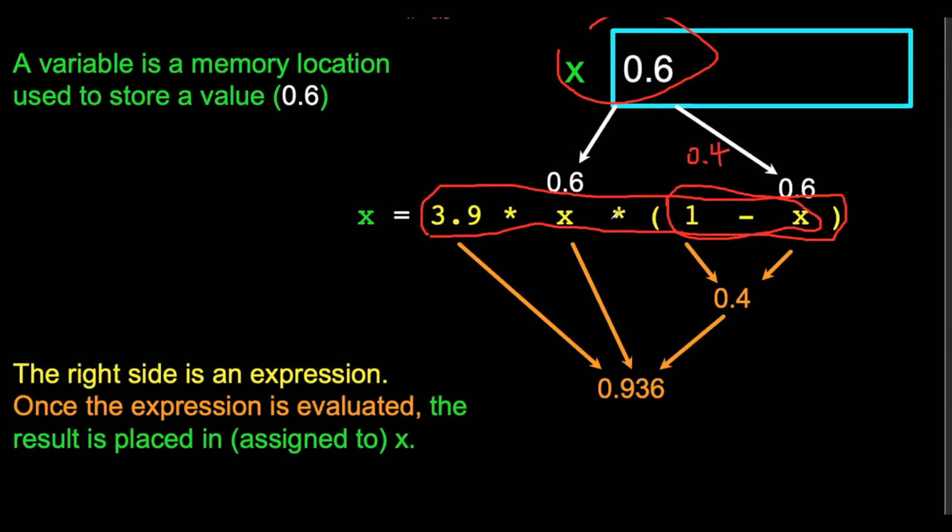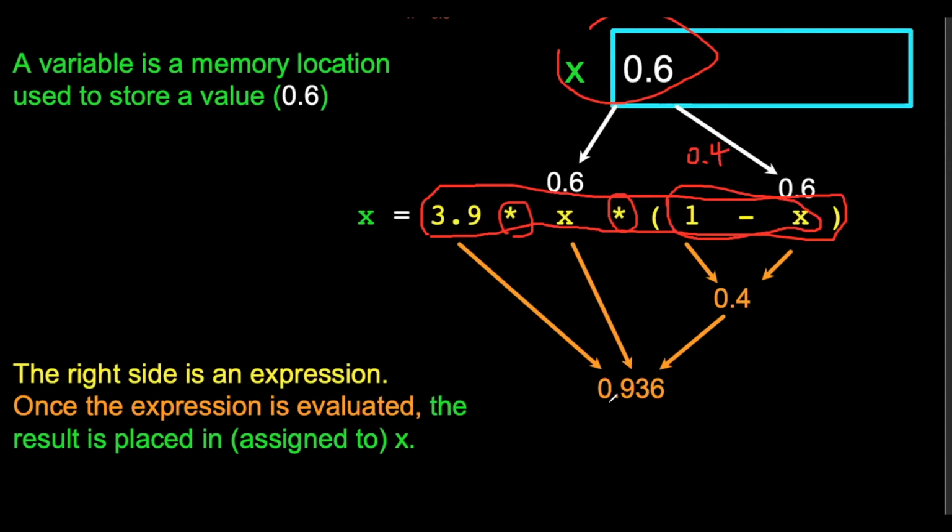What about the multiplications? There are actually two multiplications here. This multiplication has the same precedence as the other, so it doesn't matter which one has the highest order. They all have the same order. So you can evaluate 3.9 times 0.6 first, or 0.6 times 0.4 first. Doesn't really matter. Your program takes care of that.